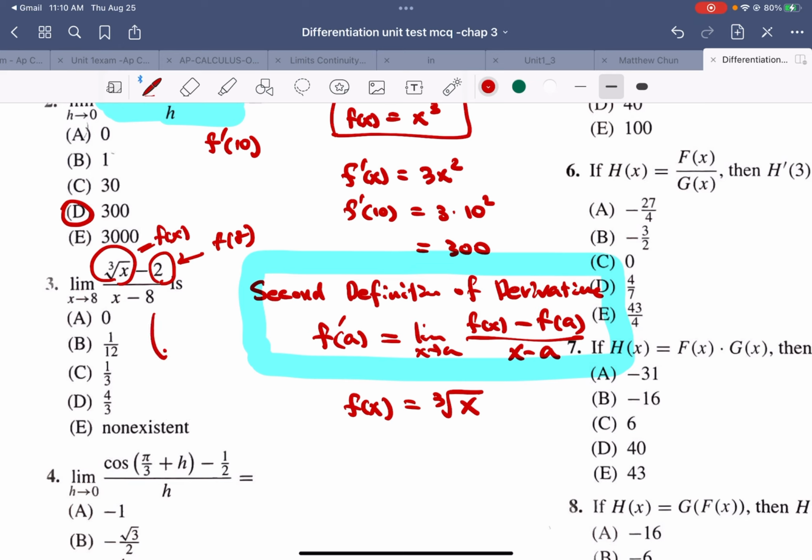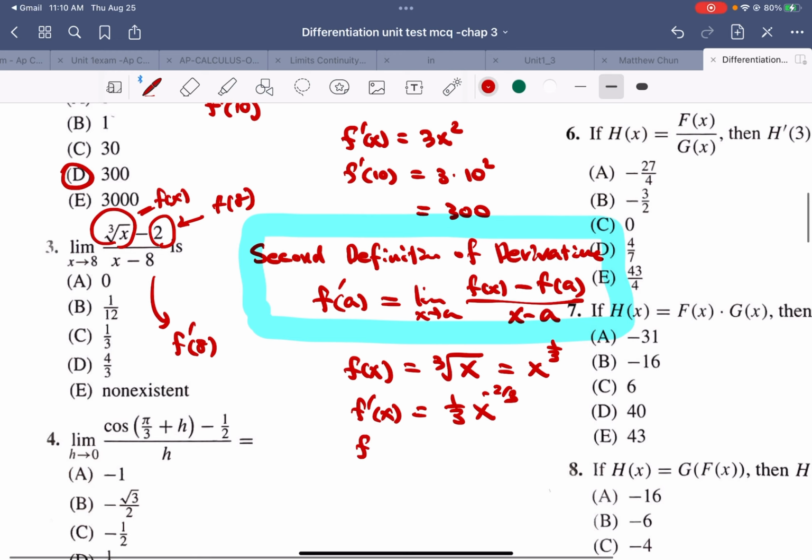So this entire expression becomes f prime of 8. That's what they ask. So you go ahead and take a derivative. This one is x to the 1/3 if you change it into an exponent function. Now when you take a derivative, 1/3, x to the 1/3 minus 1 is negative 2/3.